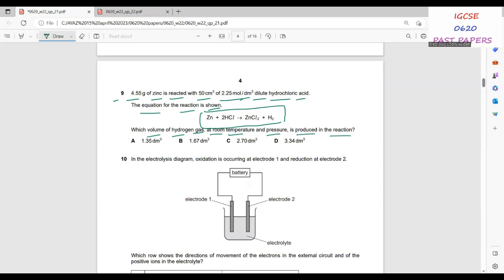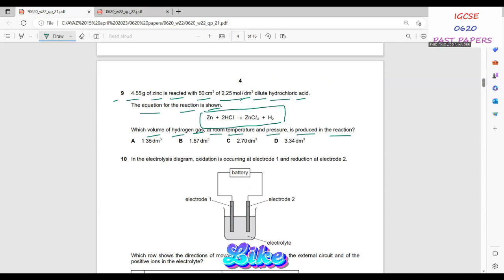First of all, we need to find the excess and the limiting reactant. Once we know which reactant is limiting, we will use the moles of this limiting reactant to find the moles of hydrogen. Then we will be able to calculate the volume of gas.